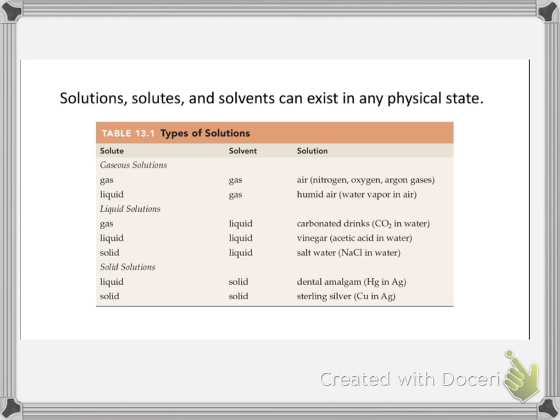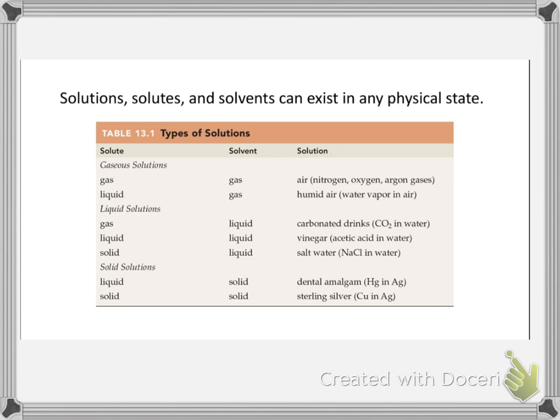Then there are ones that we would be more familiar with, like carbonated beverages, or gases dissolved in liquids, vinegar, acetic acid and water, salt water. Then, really hard to imagine, but they consider something solid solutions that can be mixed uniformly. Now, solid solutions would not be considered transparent, but they are considered a uniform homogeneous mixture.